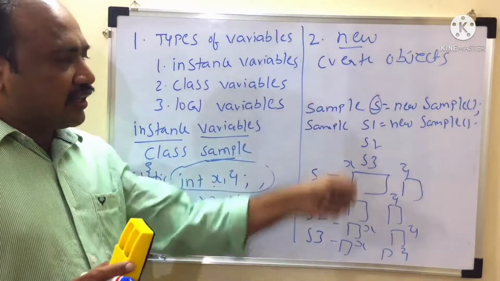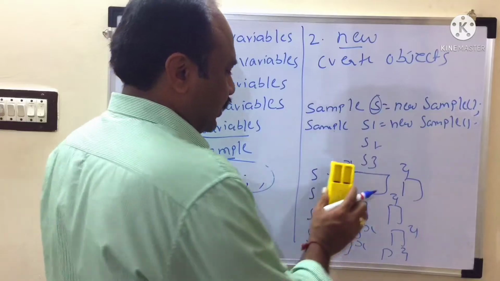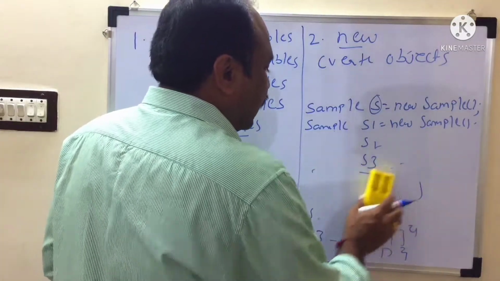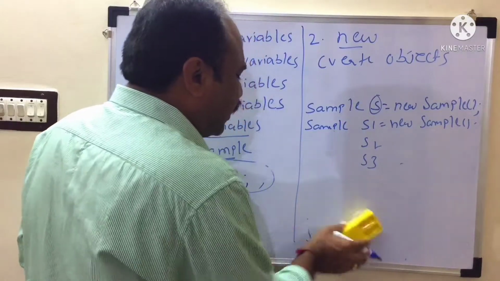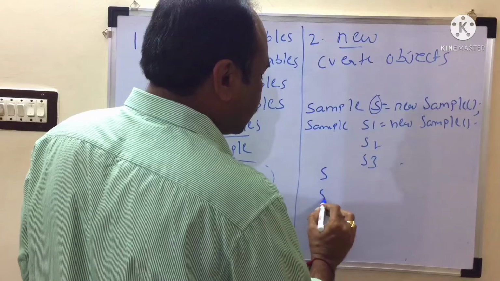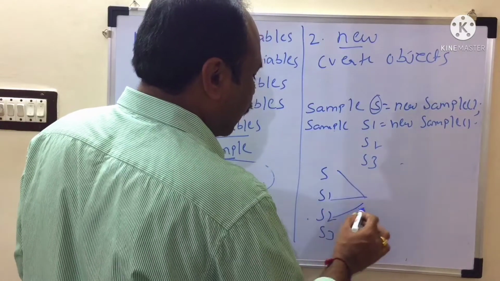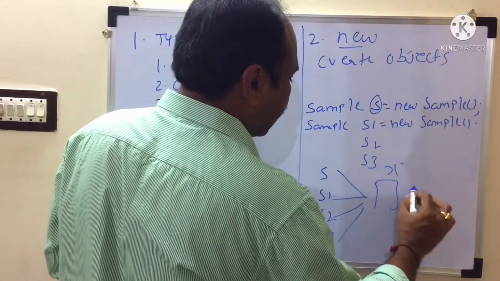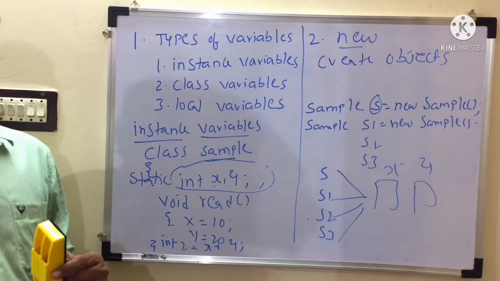To access class data, I can create any number of objects, for example s, s1, s2, s3. If a class contains a static variable, you can create any number of objects, any number of instances, but for all these instances only one copy of x and y is created.